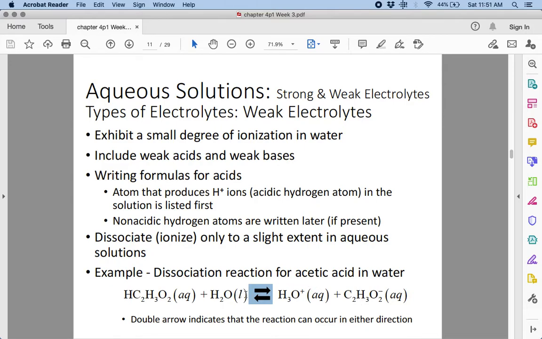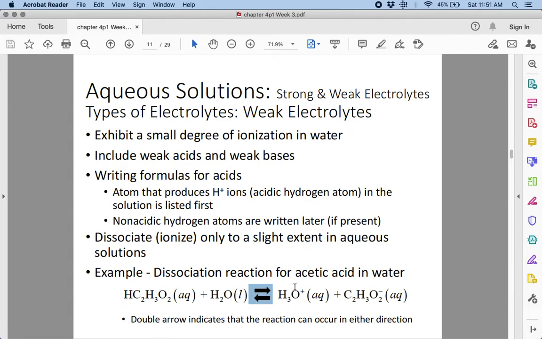Up until now, you've probably seen chemical reactions where the arrow goes in one direction. It's kind of like a one-way street. Cars can only go one direction. In this case, we have a two-way street. While this reaction is occurring in this direction, and we're losing the hydrogen off the acetic acid and it's making H3O plus and the anion, this direction is also occurring, where this and this are combining, giving us H2O and acetic acid.